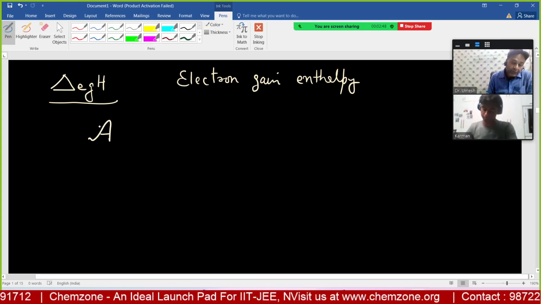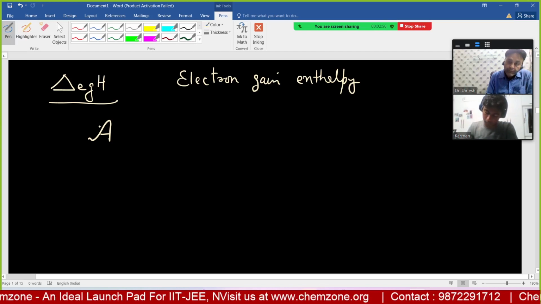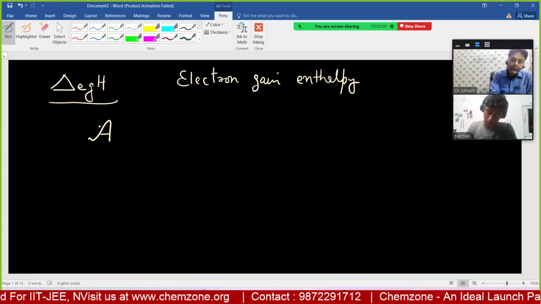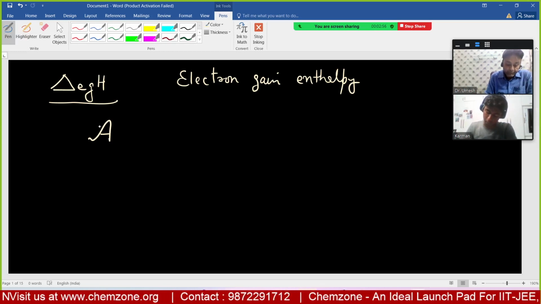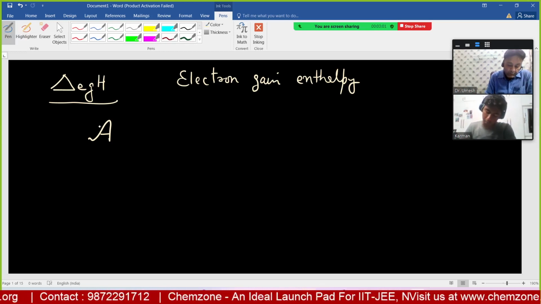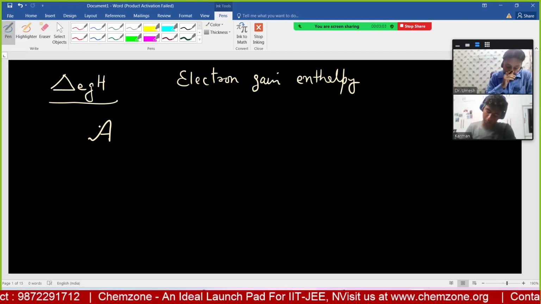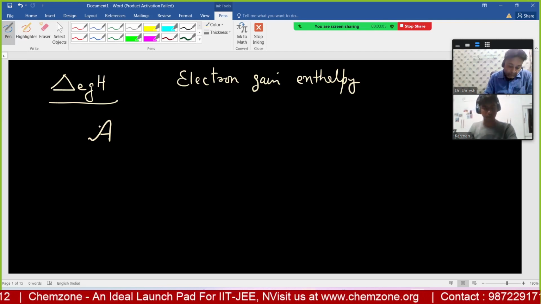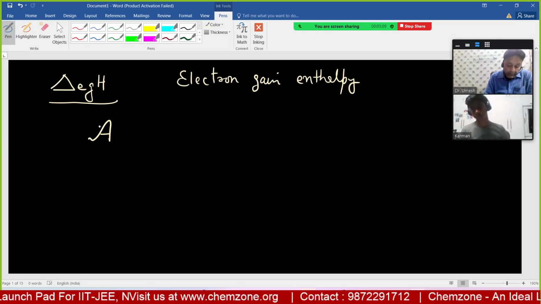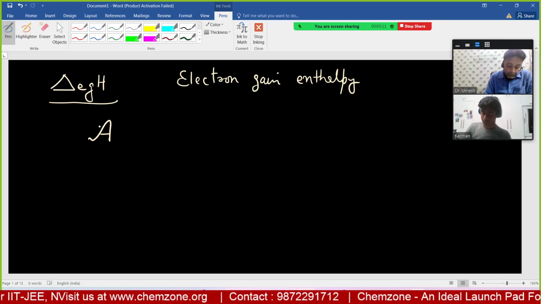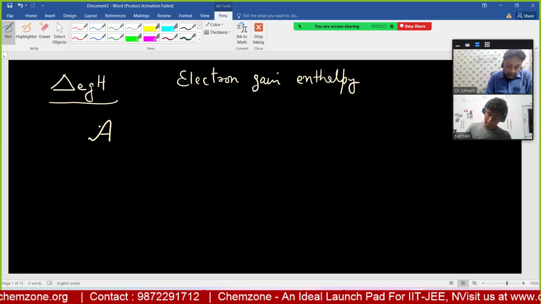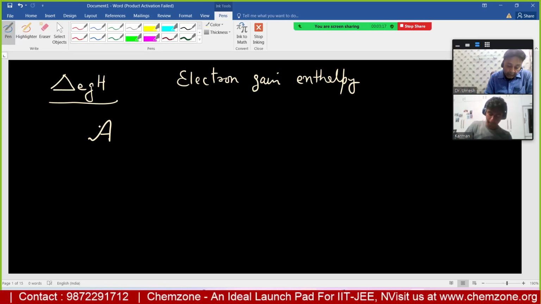It is the amount of energy released when an electron is added to an isolated gaseous atom.